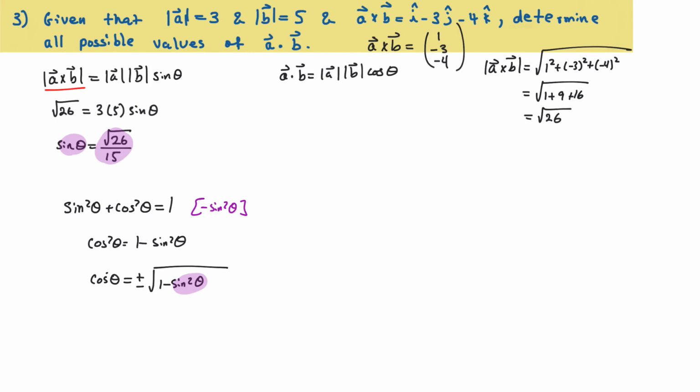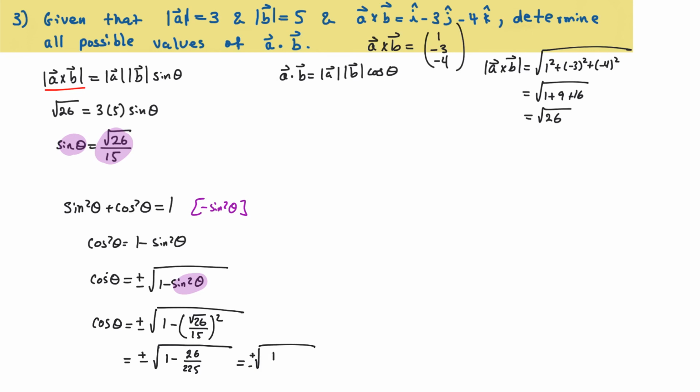Now I can use this information here and plug it into here. So I get cosine of theta is equal to plus or minus the square root of 1 minus sine theta, which is root 26 over 15, and I need to square that because it's sine squared. When I do this, I get plus or minus the square root of 1 minus 26 over 225, and that ends up being plus or minus the root of 199 over 225.